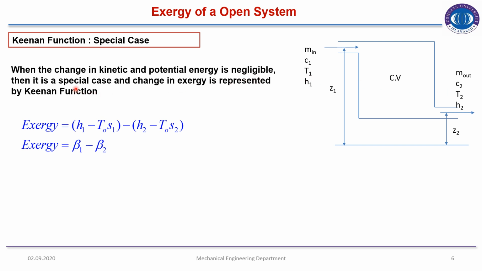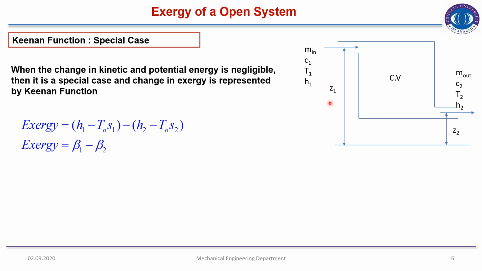For the special case where the change in kinetic energy component is negligible, C1 is equal to C2. For C1 equal to C2, there will be no change in the kinetic energy component.